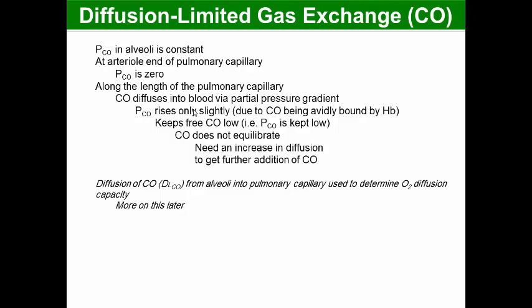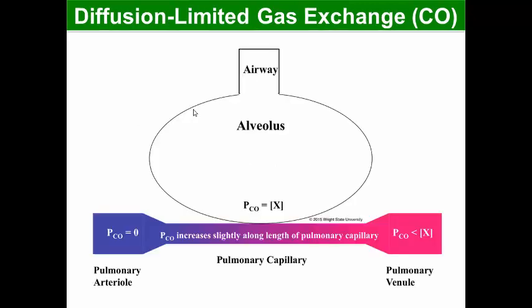So carbon monoxide would continue to diffuse across the respiratory membrane had the pulmonary capillaries been longer, which is not so. Its exchange or its transport across the respiratory membrane is described as being diffusion limited. So this is the diffusion limited gas exchange for carbon monoxide. Still, the partial pressure of carbon monoxide in the blood is much less than the partial pressure of carbon monoxide in the alveolar air.